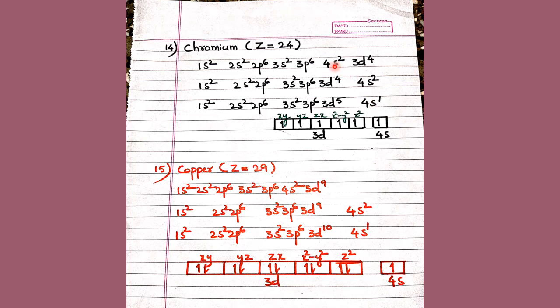So 4s1 3d5, and then arrange according to K element: 3d5 4s1. So to make chromium more stable, one of the 4s electrons will go to the 3d, making 3d4 into 3d5, extra stability, then comfortable. So this is the rule for extra stability because of half filled and fully filled.